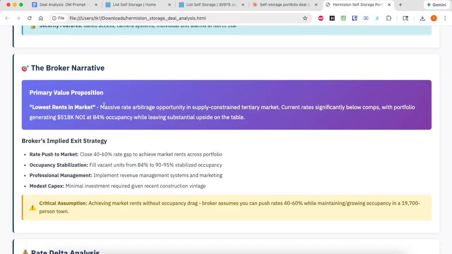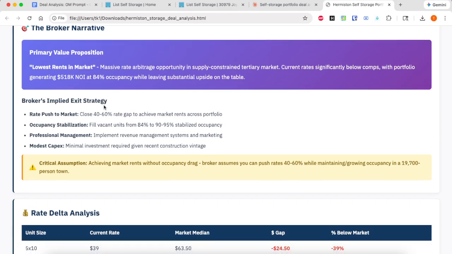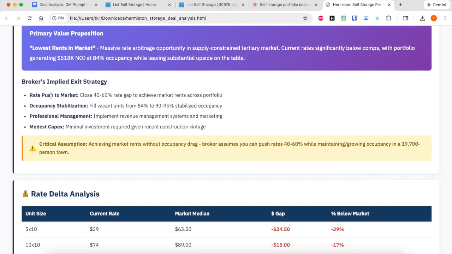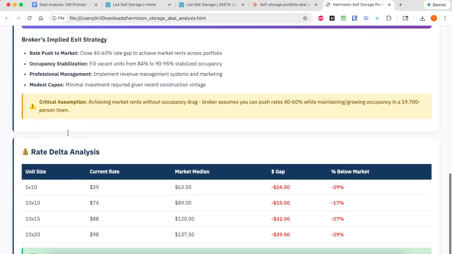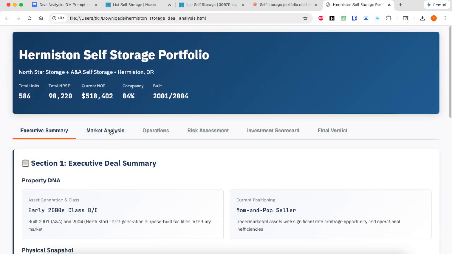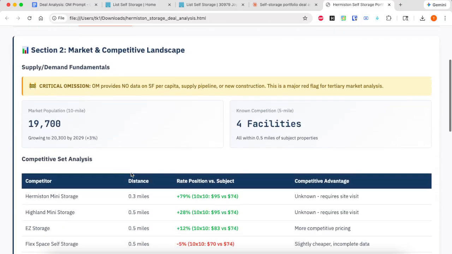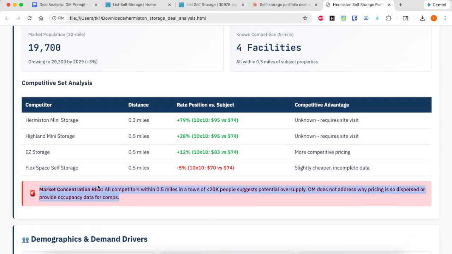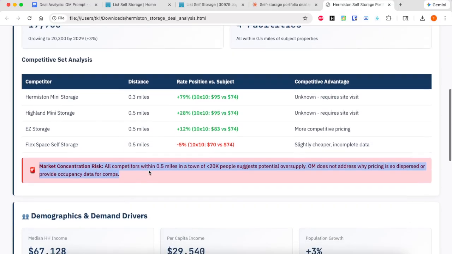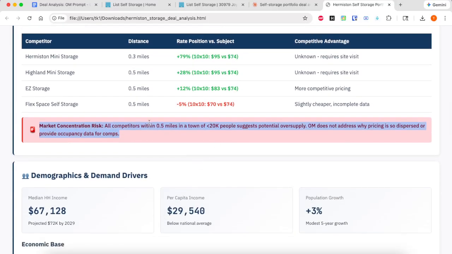So that's one of the value-add opportunities to this particular deal. And it goes down and gives you some rate analysis here. So kind of a high-level summary tab, then the market analysis. It pulled in the population, 4 facilities in the market, and how close they are. So it's already giving me some red flags here: all competitors are within a half mile, which suggests oversupply.